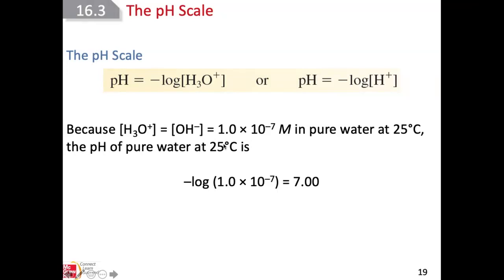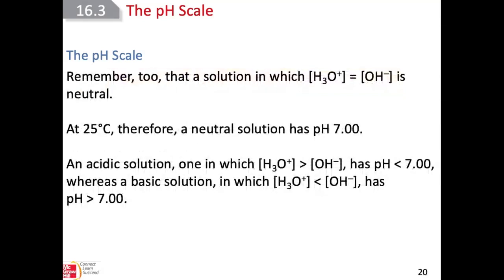So at that temperature, if you have pure water, the concentrations are equal to 10 to the negative 7. If you take the negative log of 10 to the negative 7, you get 7. Remember also, when the concentrations of those ions are equal to each other, the solution is neutral.